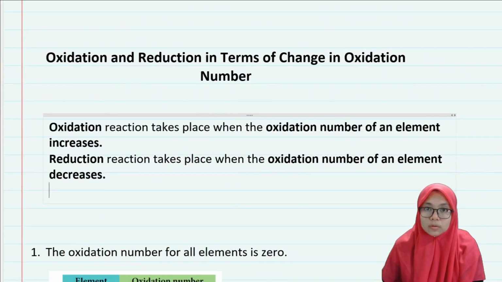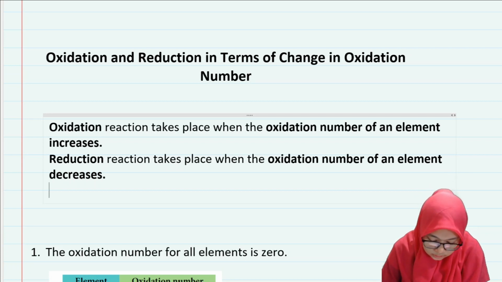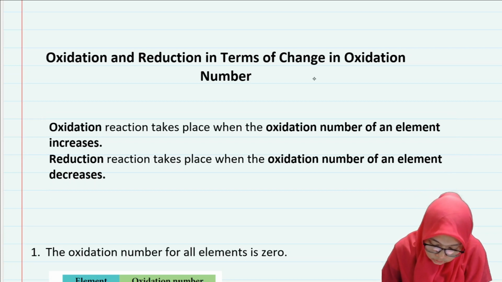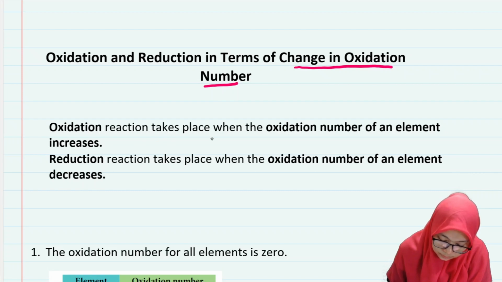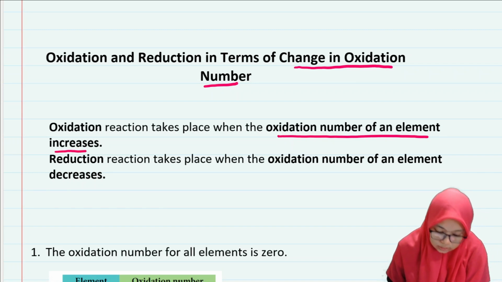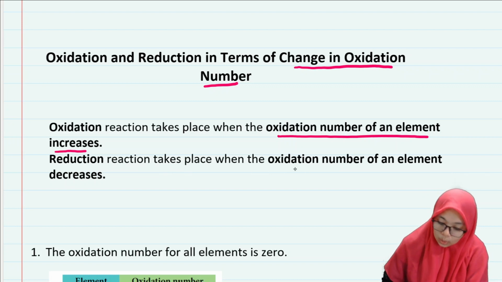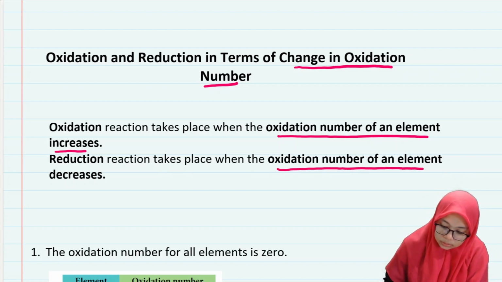Okay, now let's look at the definition of oxidation and reduction in terms of change in oxidation number. An oxidation reaction takes place when the oxidation number of an element increases, whereas a reduction reaction takes place when the oxidation number of an element decreases.